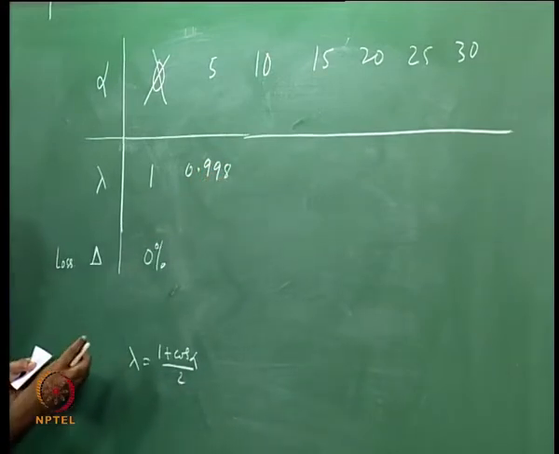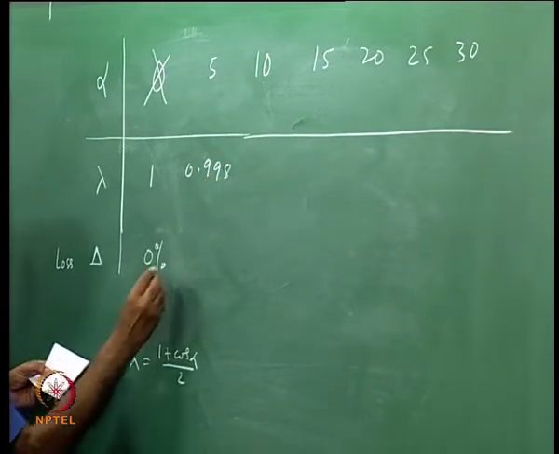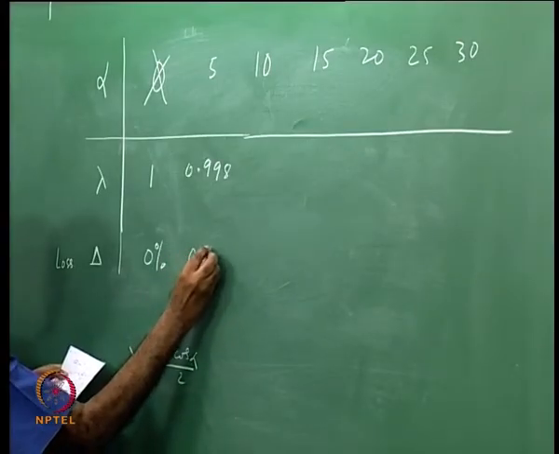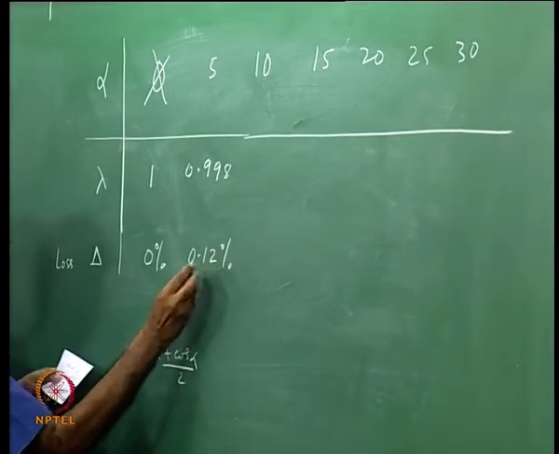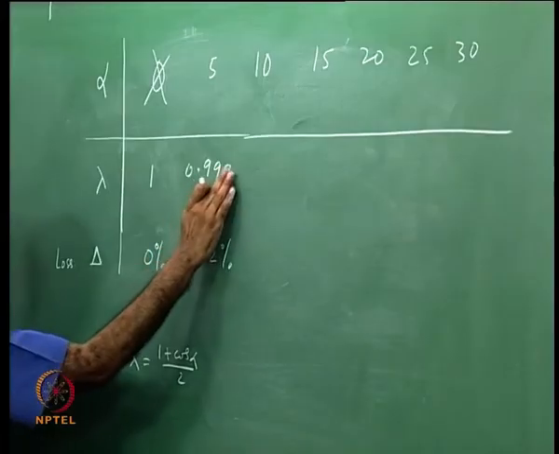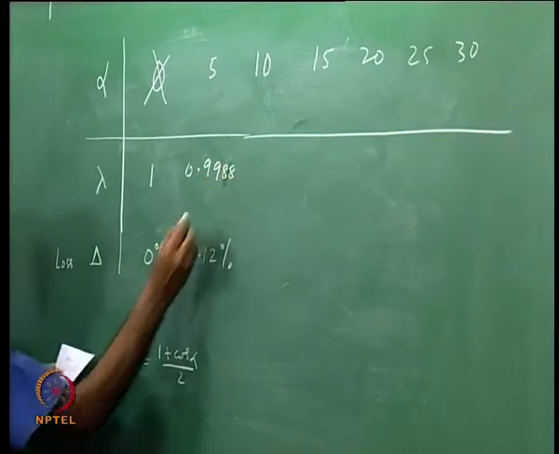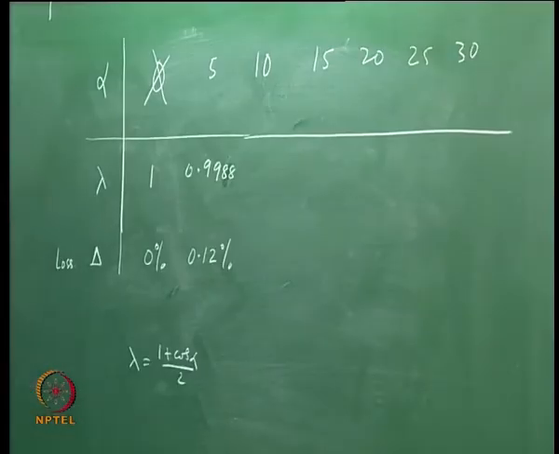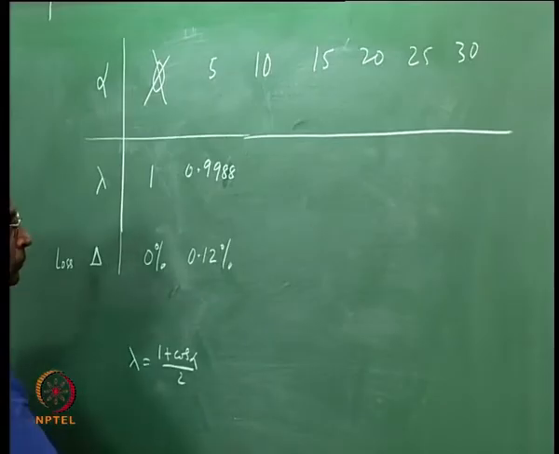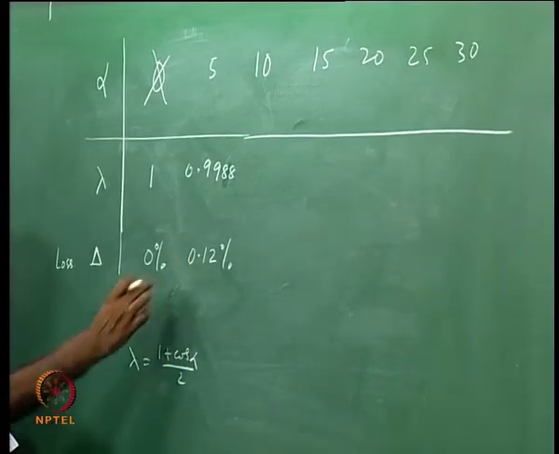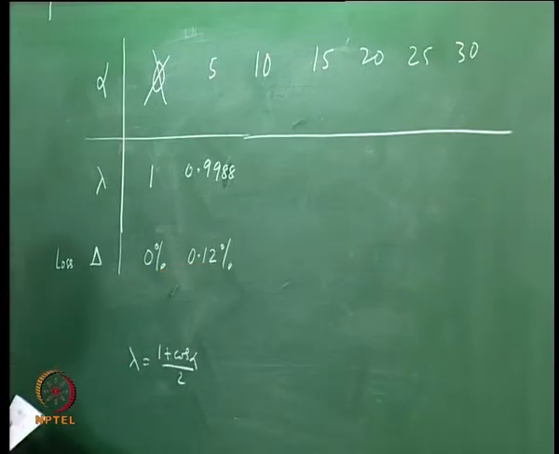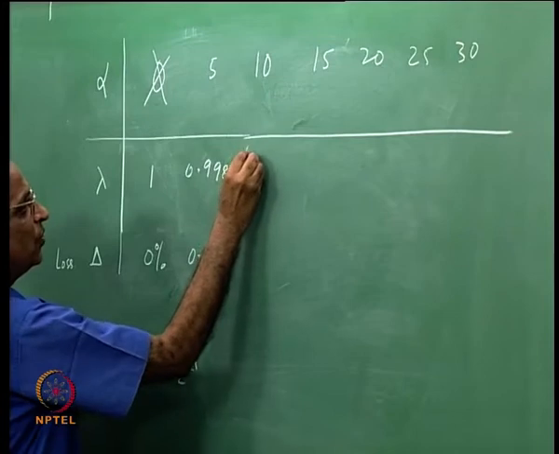If I have 1 minus lambda, it is equal to 0.0012, which gives 0.12%.